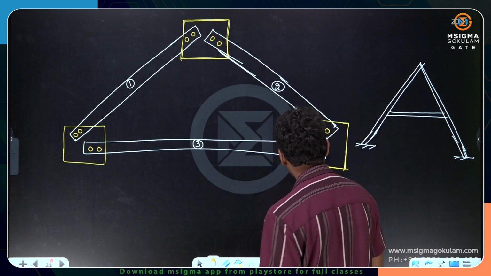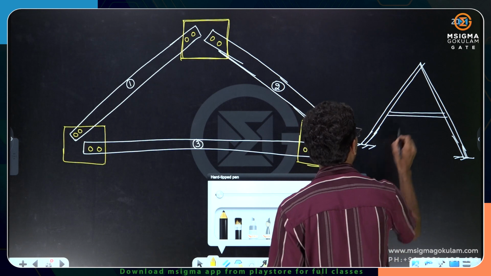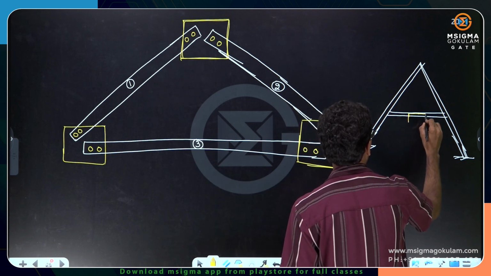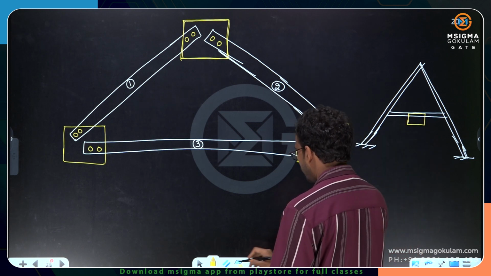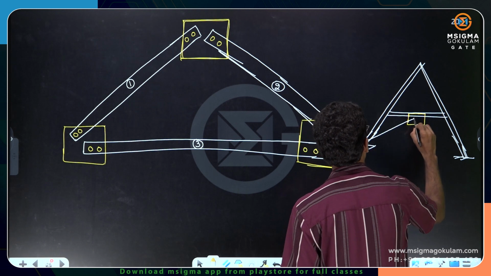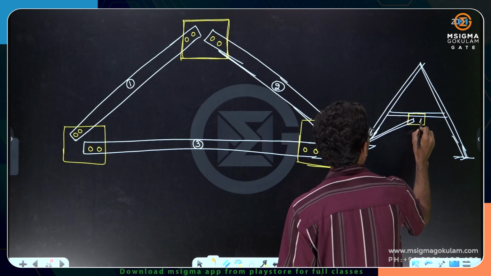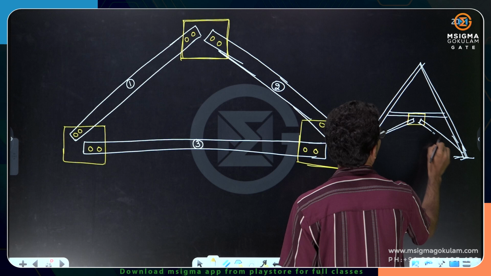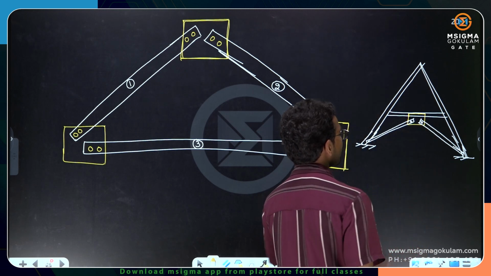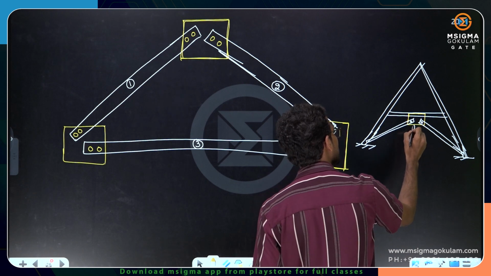So what I do for that is, first I take a gusset plate and weld it to this one. Now I take another member from here and connect it to this. This is how I can make the connections. Is it clear to everyone? This is what we basically call a gusset plate.